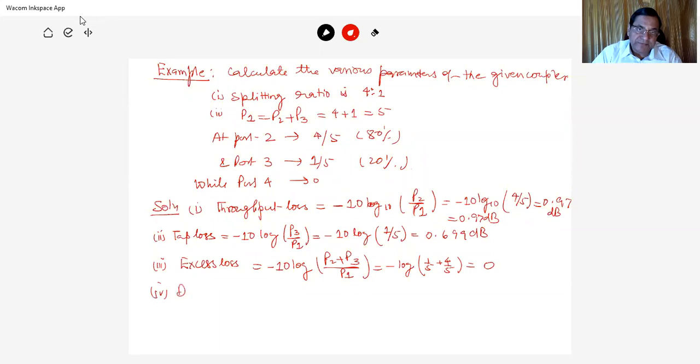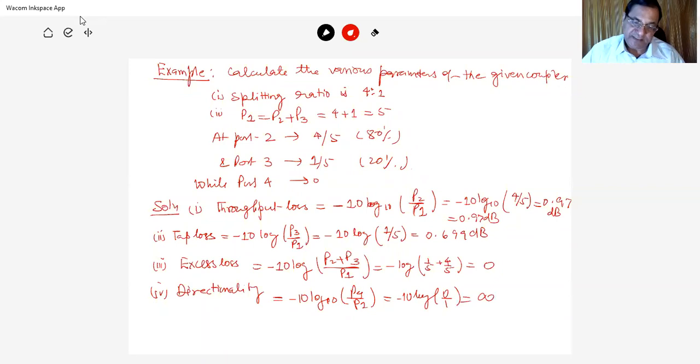And directionality is minus 10 log P4/P1, that is minus 10 log 0/1. So this is infinity.